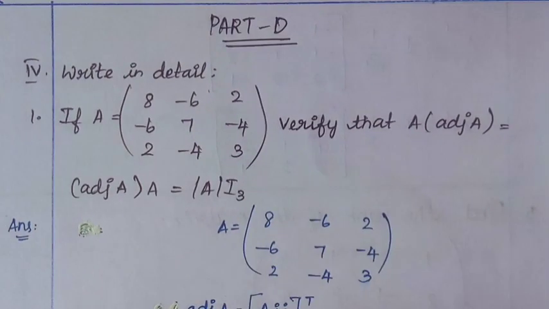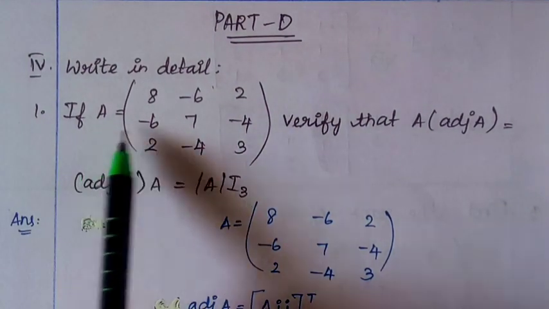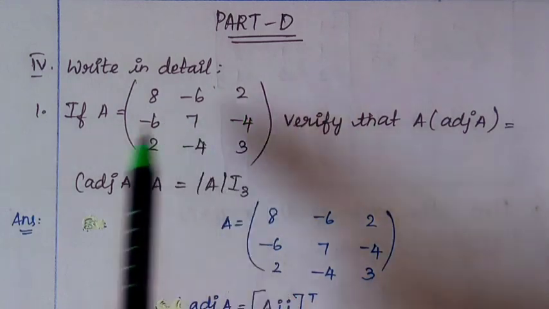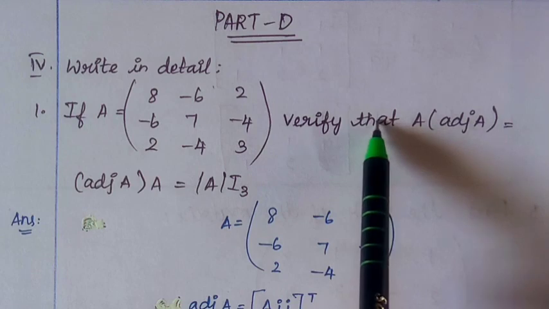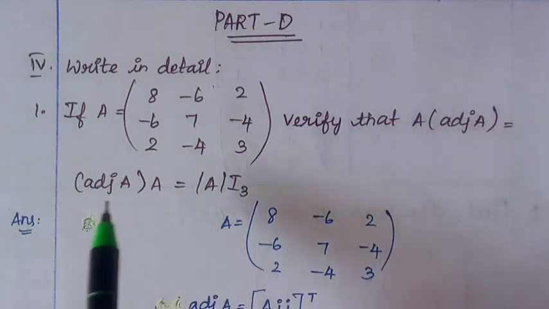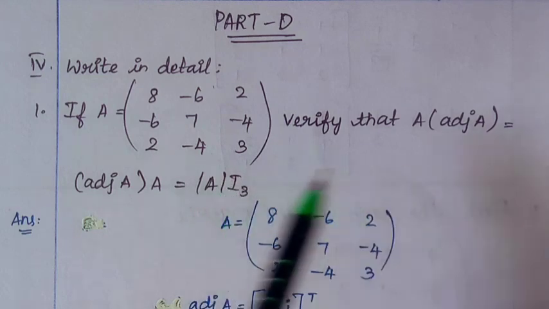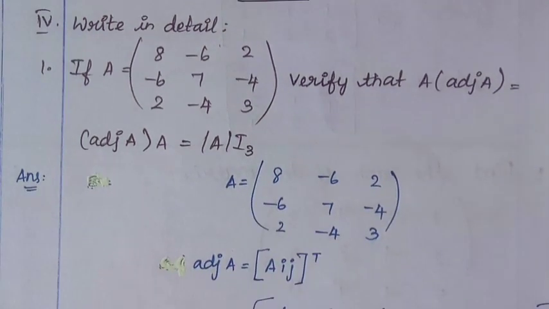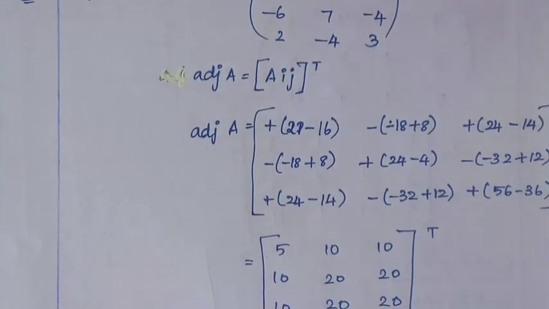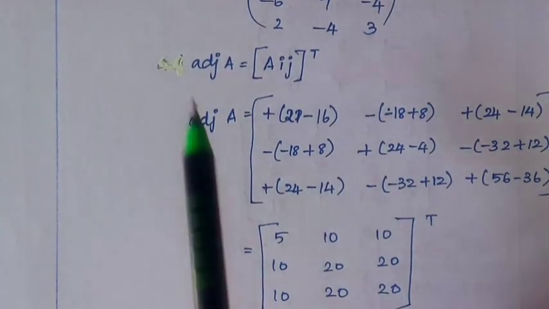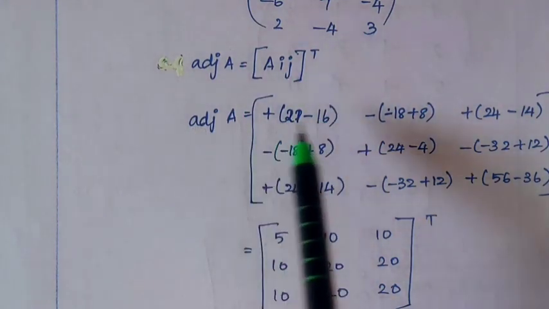In part C, now we are going to go for part D, write in detail. If A is equal to 8, minus 6, 2, minus 6, 7, minus 4, 2, minus 4, 3, verify that A adjoint A is equal to adjoint A into A is equal to modulus A I3. So A, what they have given, is 8, minus 6, 2, minus 6, 7, minus 4, 2, minus 4, 3. Next, adjoint A is the transpose of the cofactor matrix Aij.